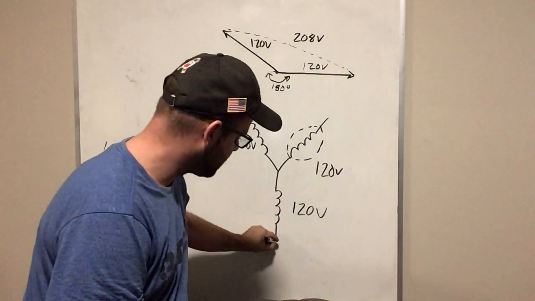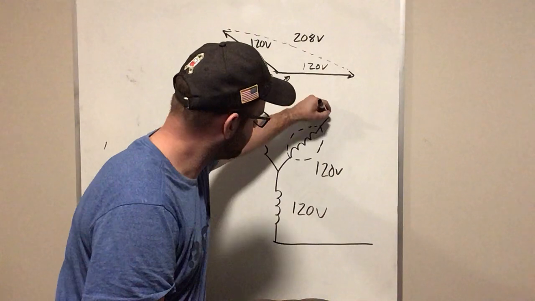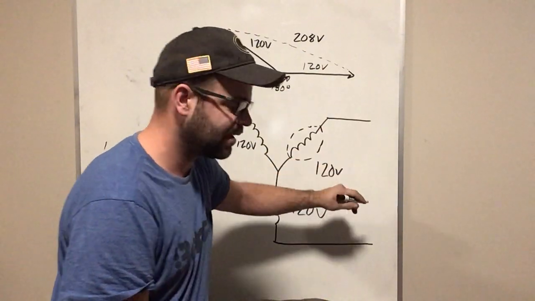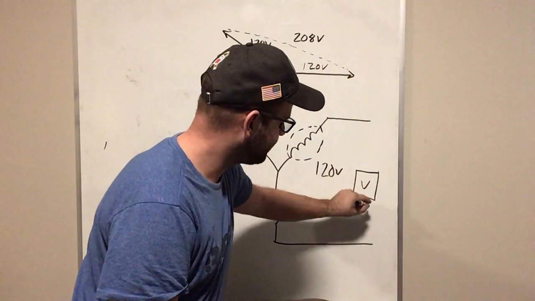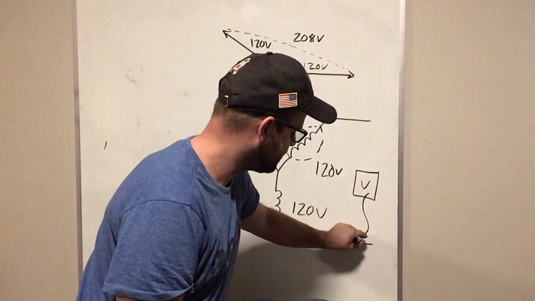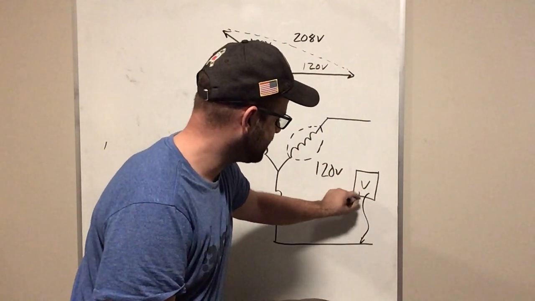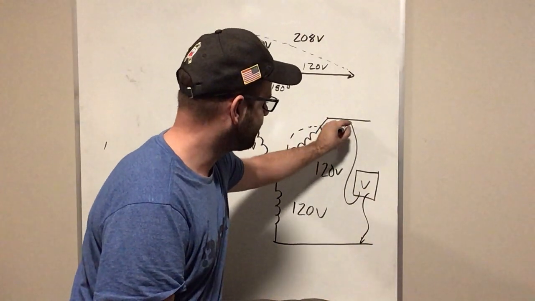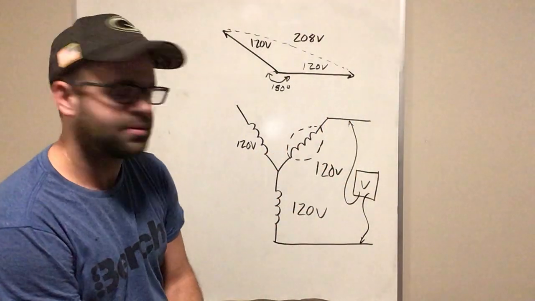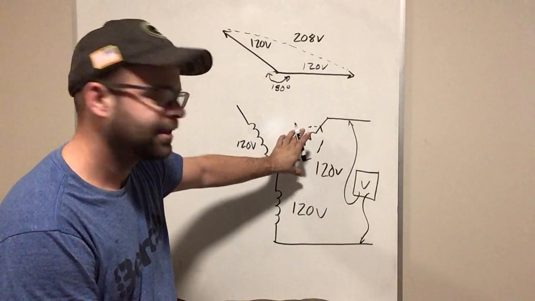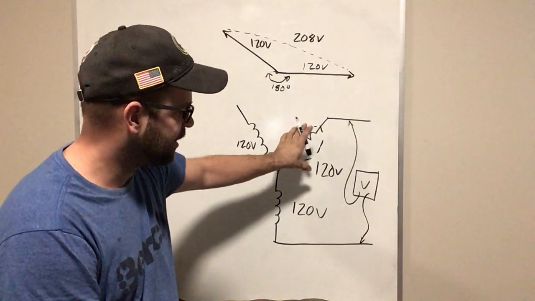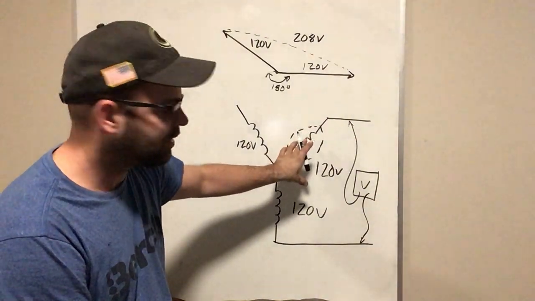If I go to look at the line value, this is exactly like if I were to take a voltmeter and test from one side to the other. If I were to take a voltmeter to test those two, obviously I'm not going to be testing inside and looking at each phase if I'm looking at line value.